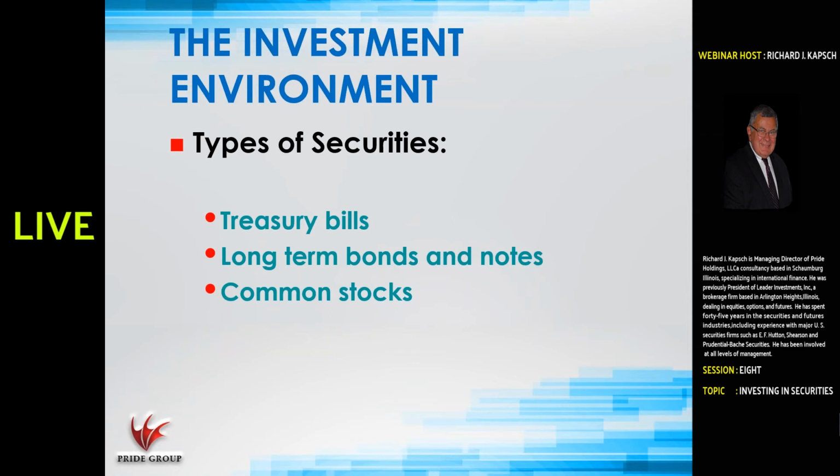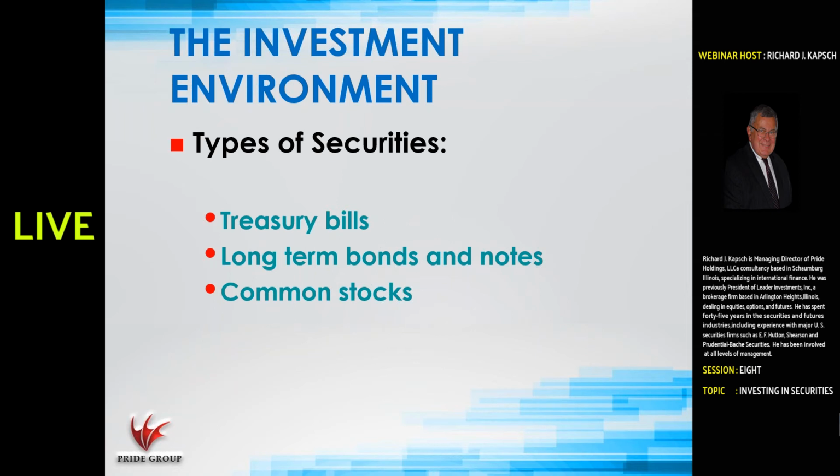So a treasury bill is basically a piece of paper that says we're going to receive some amount of money at the end of some time frame, and that time frame is less than 1 year. Usually these are sold on a discount basis. So if a T-bill has a face value of $1 million, we would buy it at some discount to that and be paid $1 million at the end of the time period.